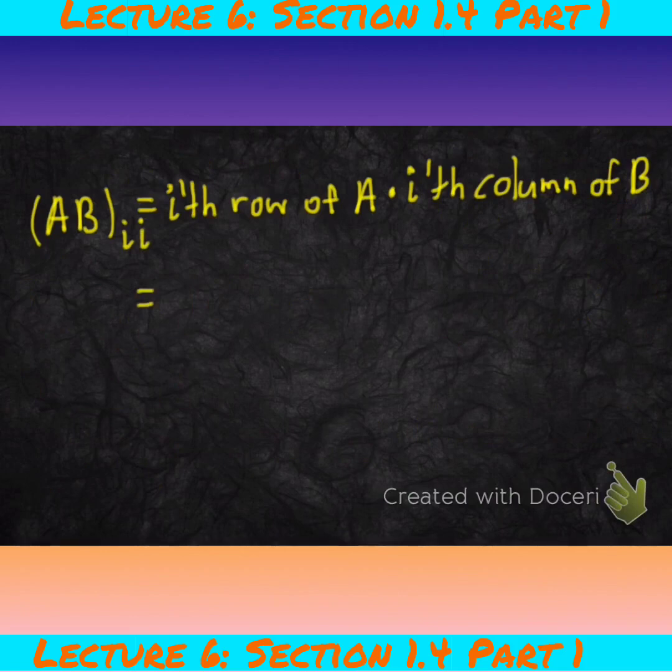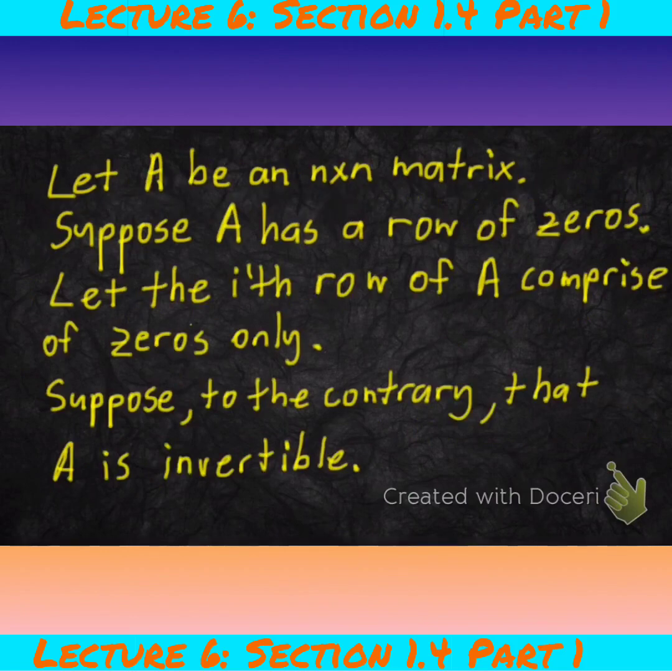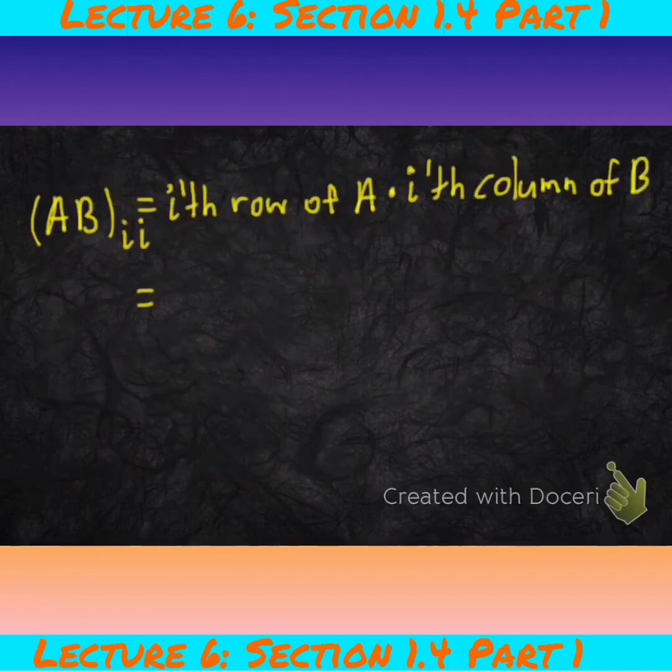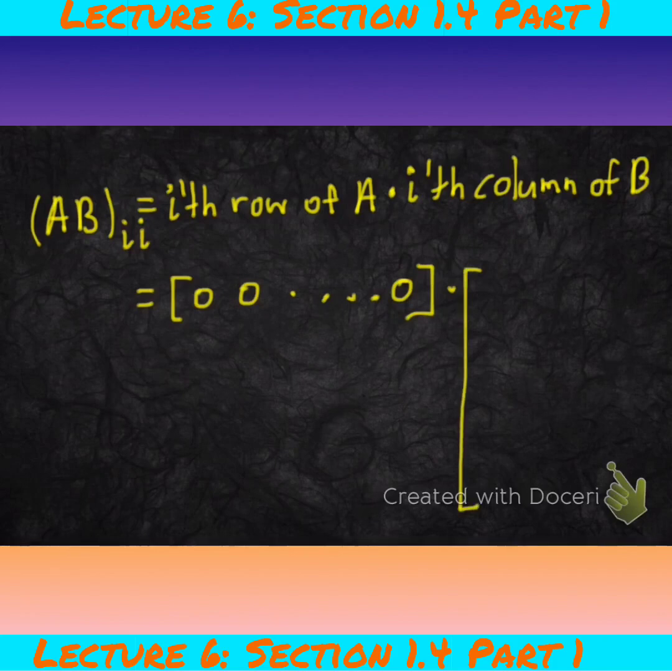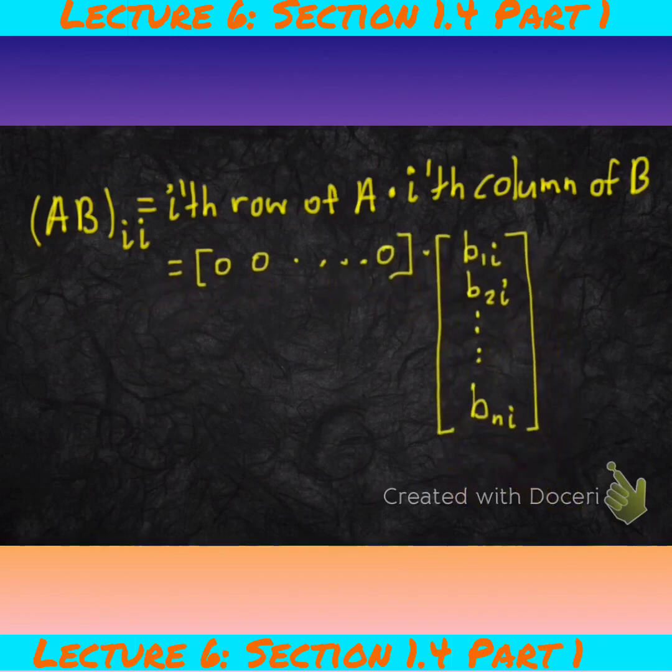So hence, what is the ith row of A? We said the ith row of A is a row that comprises only of zeros. So that's basically going to be a row of n zeros, and I'm going to dot that with the ith column of B. There's the ith column of B. Now, if I dot those two vectors, what am I going to get?